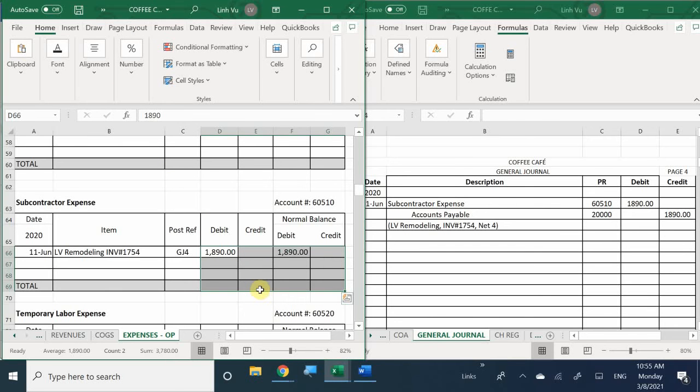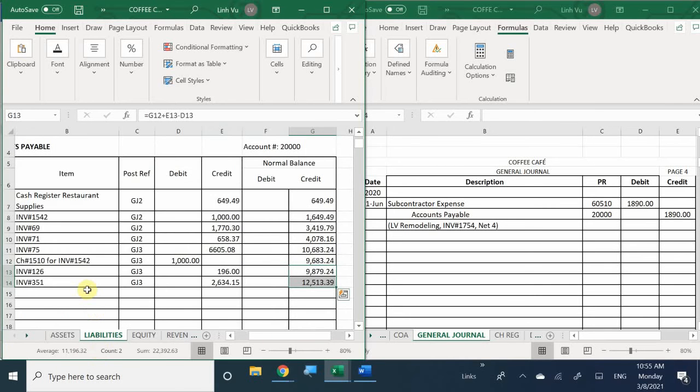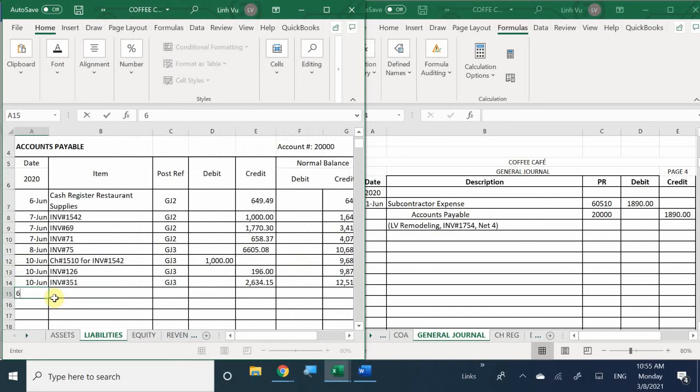1890. All right, then now we have to go to our accounts payable because we owe the amount to LV Remodeling. We didn't pay them yet, so let's go ahead and fill this in. Date is June 11th. Again, invoice number 1754, and we have General Journal number 4, and we are increasing the amount that we owe by 1890.